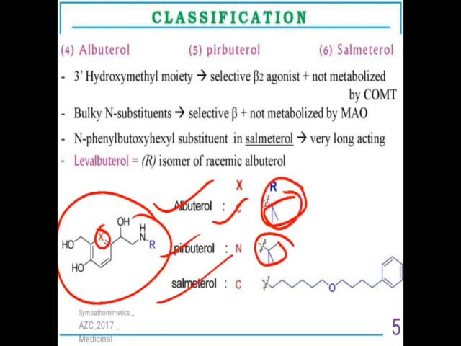In case of salmeterol, X is carbon, and there is a long chain substitution in the form of R. The drug becomes generally more selective towards the beta 2 receptor. Write down the structures of albuterol, pirbuterol, and salmeterol. Please write down the structure.